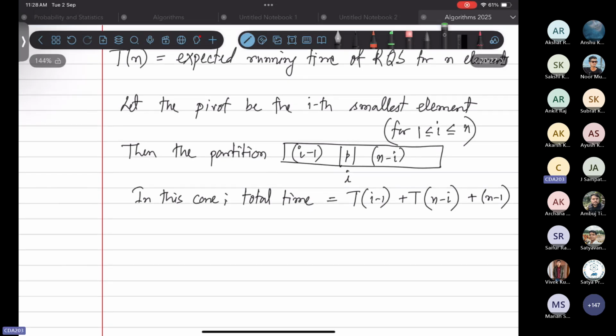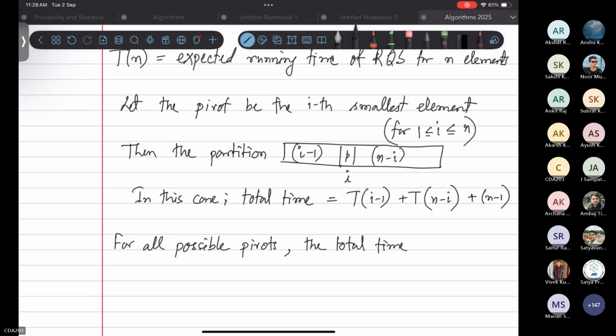So for all possible pivots, the total time, what should I do? Can anyone suggest? When I've taken the ith smallest one, this is the time taken.